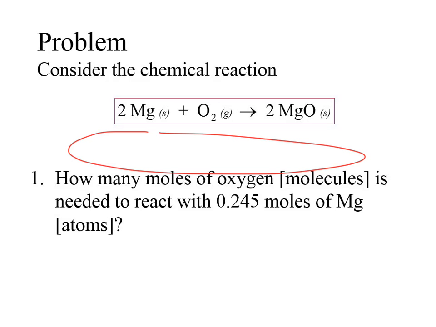For instance, how many moles of oxygen, so I'll put question mark moles under the O2, how many moles of oxygen is needed to react with 2.45 moles of magnesium. So I'll find my magnesium and put 0.245 moles underneath that.